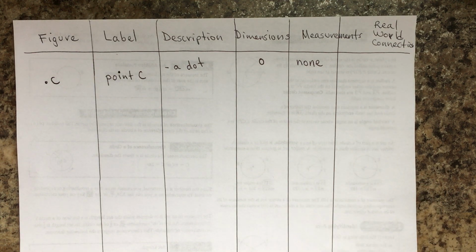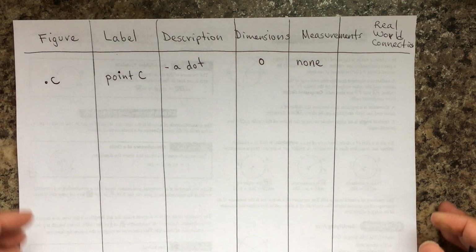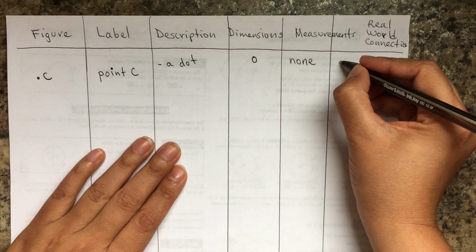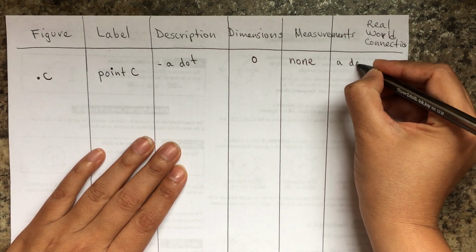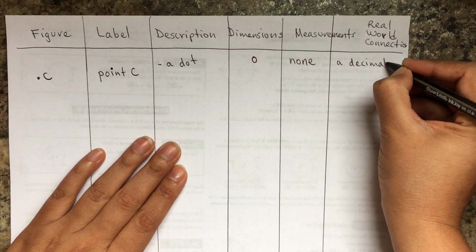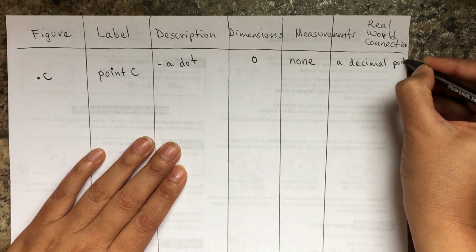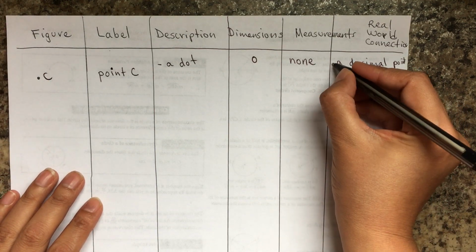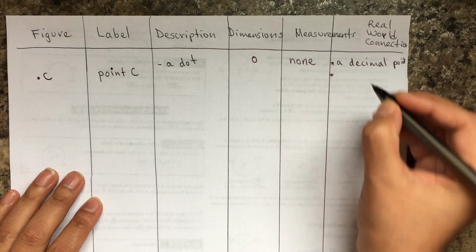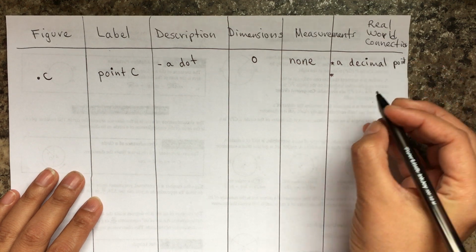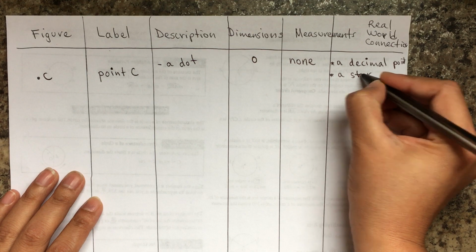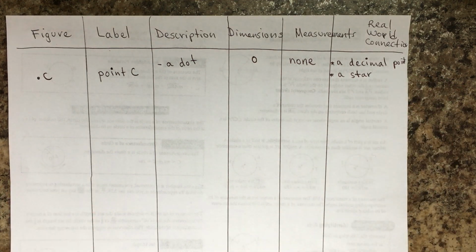Some real world connections, and I'm going to give you some examples that my students gave me in class. They said a decimal point, okay, a decimal point. They also said maybe a star, like if we think of space, a star would be a point.